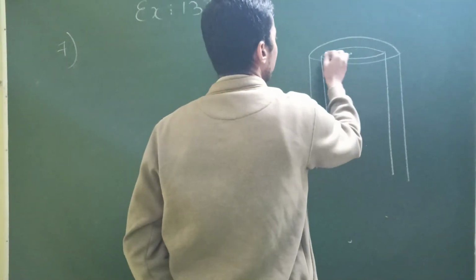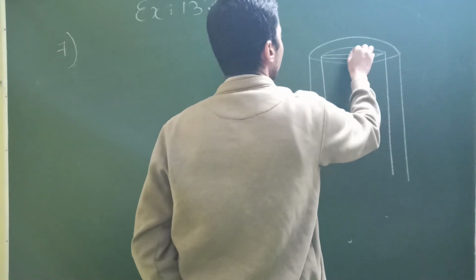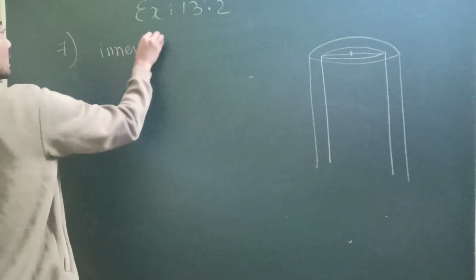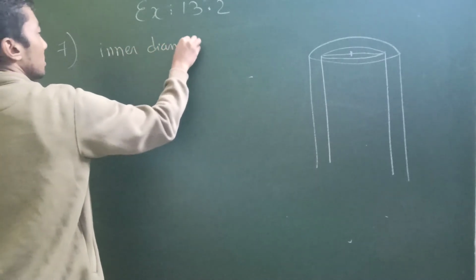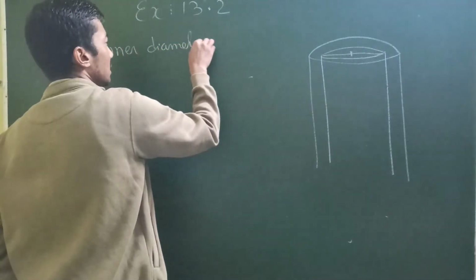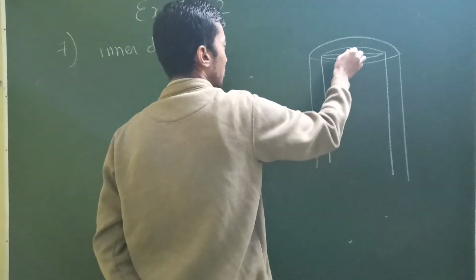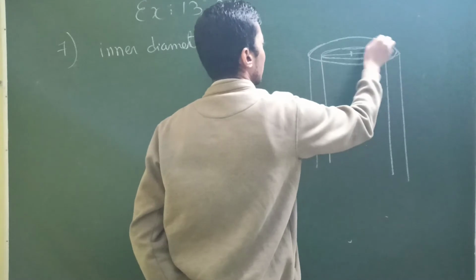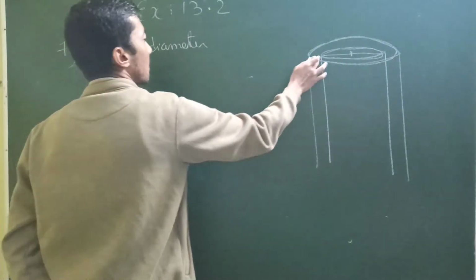Inner diameter, that means the full. No, diameter means full. The inner diameter. So immediately what did I say? Okay, inner. That means we have two diameters. We have two circular rings. That's why it says one they say is inner, the other one is the outer. All right.